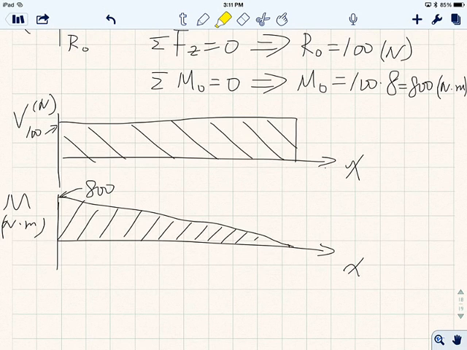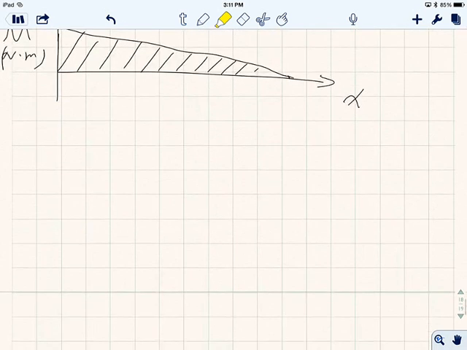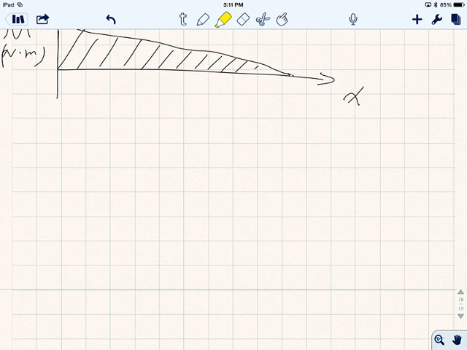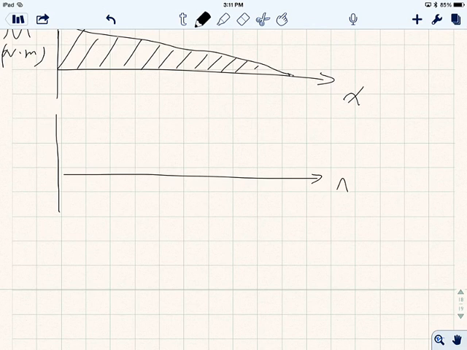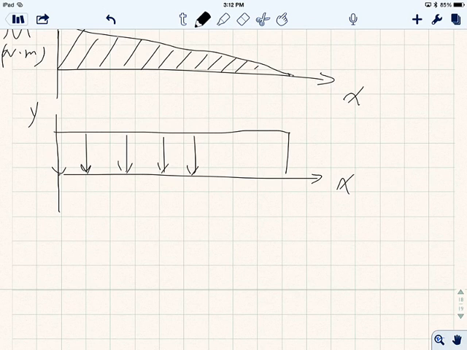Okay. All right. The next thing is we want to see the distributed loading in the XY plane. So in the XY plane, we can draw the same thing. So this is the x-axis, and this is the y-axis over here, and we have a distributed load with a magnitude of 50 newtons per meter.